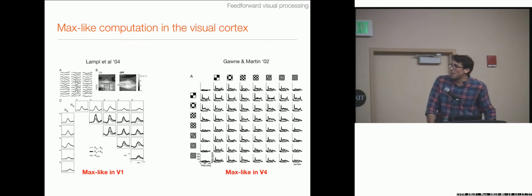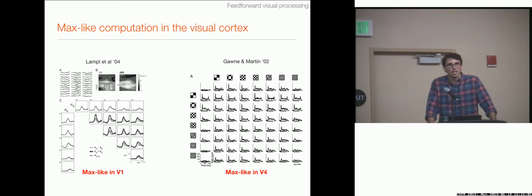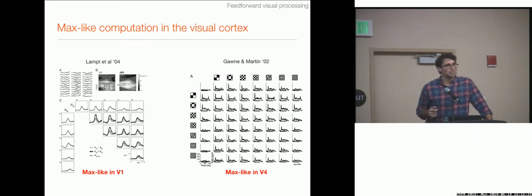This max pooling operation has also been extended to higher layers of visual cortex. Right now we've talked about retina, LGN, and V1. There are other layers of visual cortex: V2, V4, et cetera. V4 is thought to respond to mid to high level characteristics of stimuli.